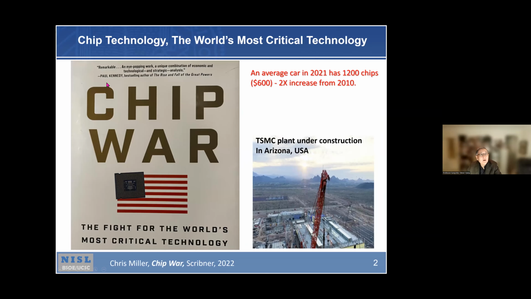There is a new book on the most critical technology. That is semiconductor technology based on MOS transistors and other innovative devices.